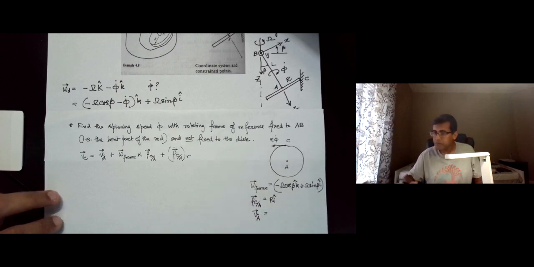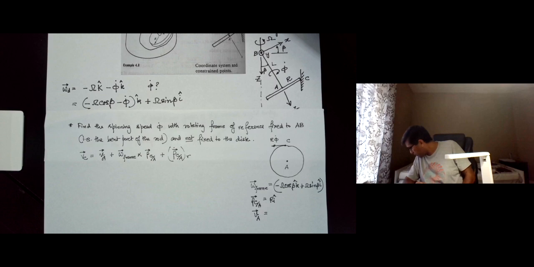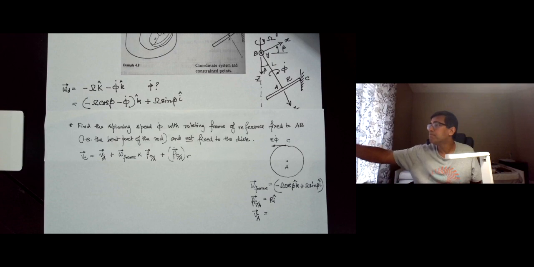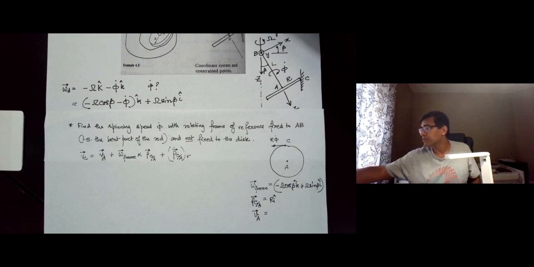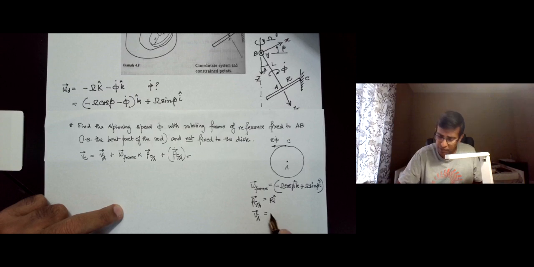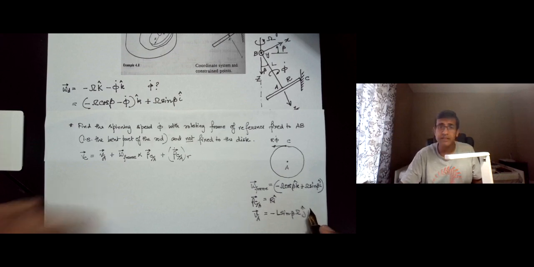If you check with the first part of this video, you will see that the velocity of A is minus L sine beta capital Omega j. So this remains the same as well.